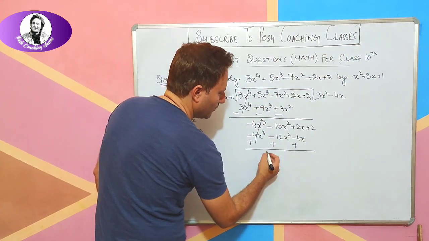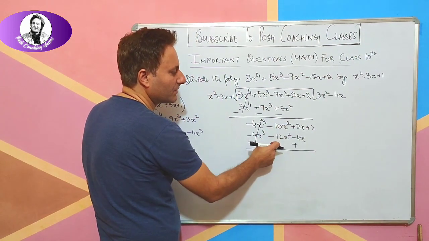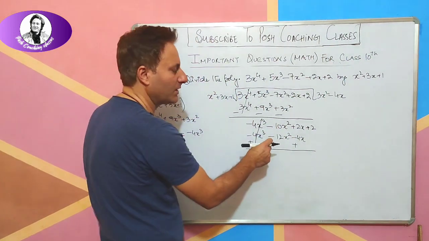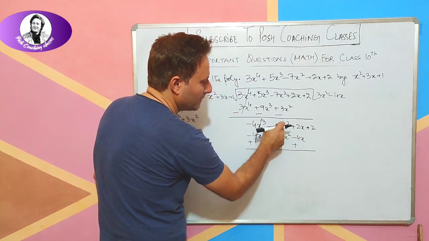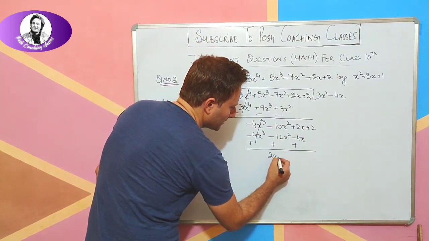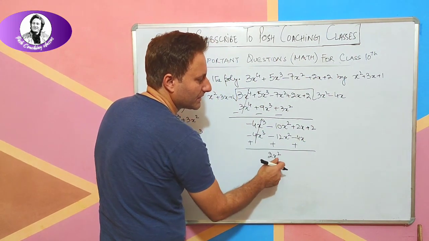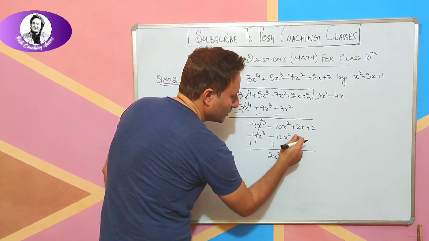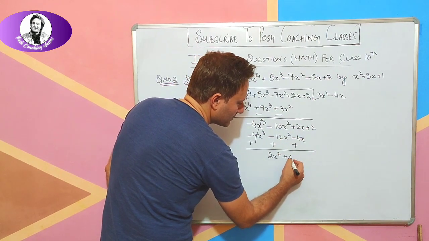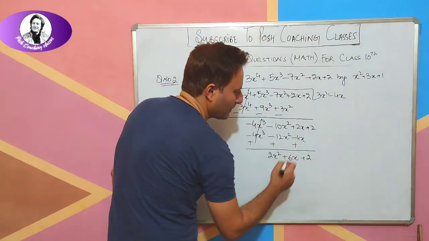This goes. Now we have minus 10x squared plus 12x squared. So 12x squared is a bigger term, so 12 minus 10 becomes 2x squared. Here 4x is positive and 2x is again positive. It becomes 4 plus 2, 6x. Then we have 2.